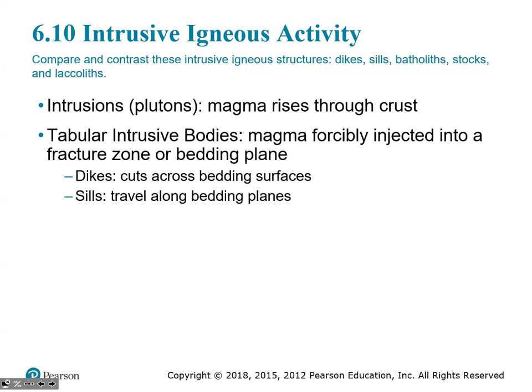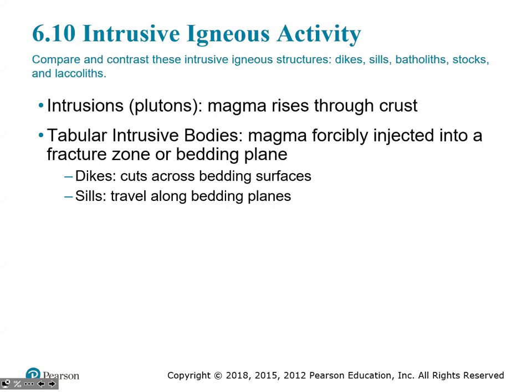So intrusions, or plutons, are formed as magma rises through the crust. And you can have basically 2 types. You can have irregular, larger extent structures, and you can have tabular structures, flat structures. Tabular intrusive bodies are where magma is forcibly injected into a fracture zone or a bedding plane of rock.